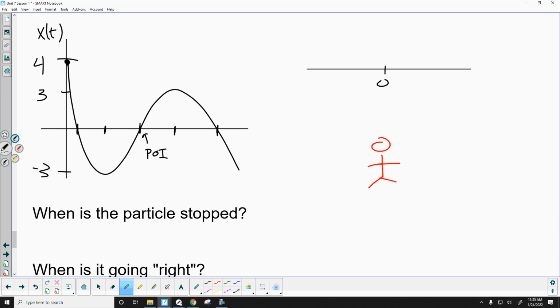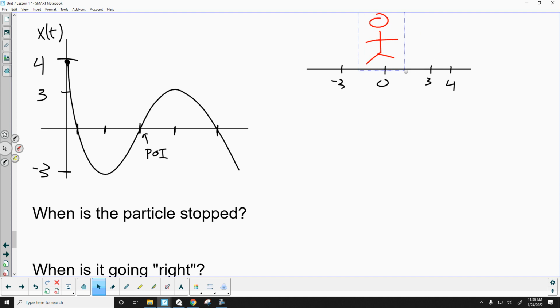If you said the dude starts at a position 4 when time is 0, he then moves to the left, he gets to the origin at t equals 1, he keeps moving to the left till he gets to a minimum position of -3, he then goes back to the right till he gets back to 0 at t equals 3, so my stopwatch reads 3.000 here. He then moves to the right till he gets to a position of 3. Then he moves back to the left, going back through 0, ending back up at -3.